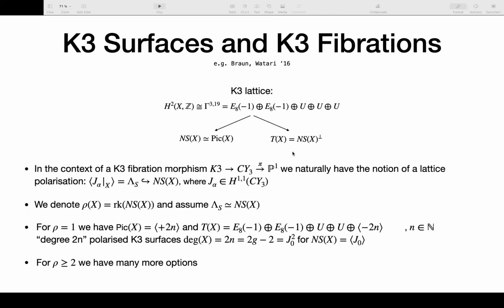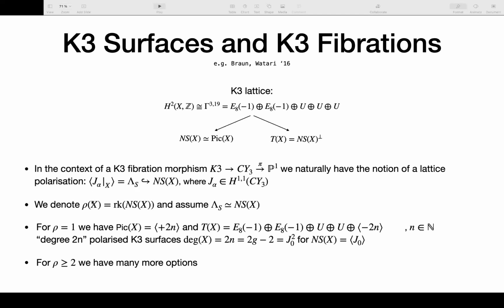And in the context of a K3 fibration that we have here, we naturally have the notion of a lattice polarization, which means that we have divisors from our Calabi-Yau, which we can restrict to the generic fiber, and they will form a sublattice of the Néron-Severi lattice. Now, in the following, we will always assume that these divisors, when restricted, already generate the Néron-Severi lattice.